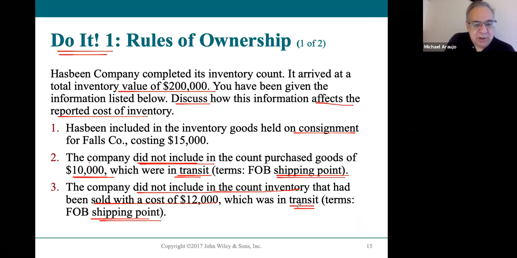Since they've already been shipped, this $12,000 cost should be included in Has-Been's records, because they have already sold that and they've already incurred the cost of goods sold at the shipping point. And that is learning objective 1.